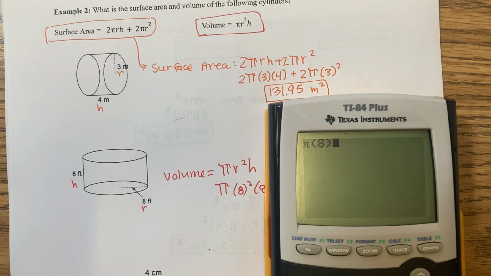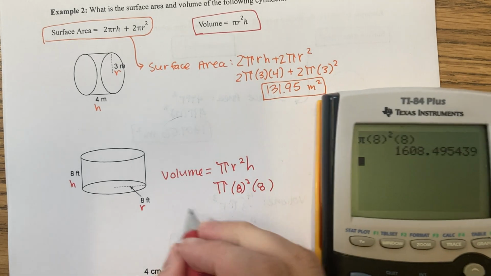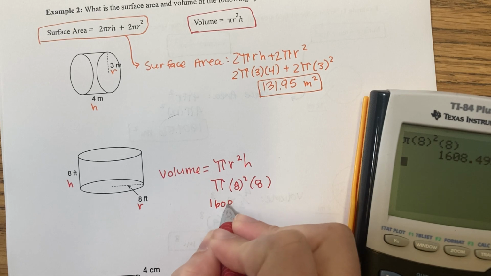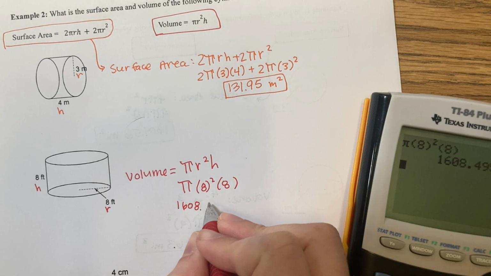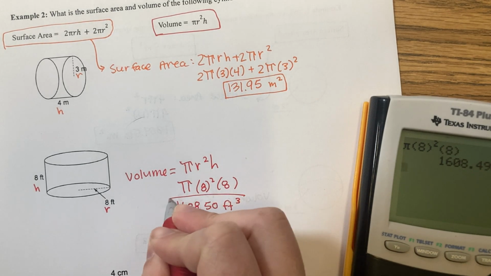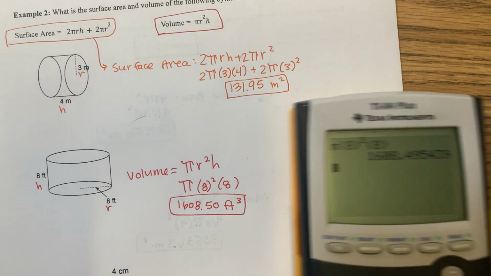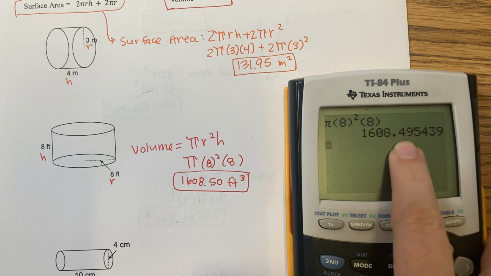That 5 will bump the 49 up to a 50 feet cubed for volume.